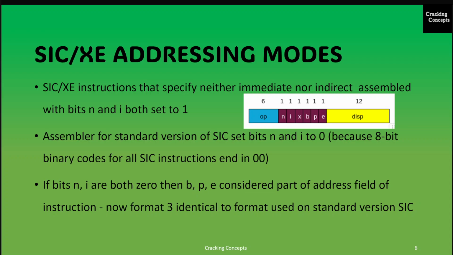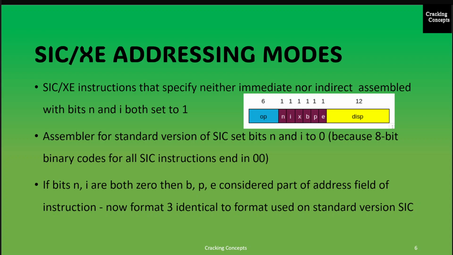Now SIC instructions that specify neither the immediate nor indexed addressing are assembled with bits n and i both set as 1. Now the assemblers for standard version of SIC will set the bits n and i to 0.